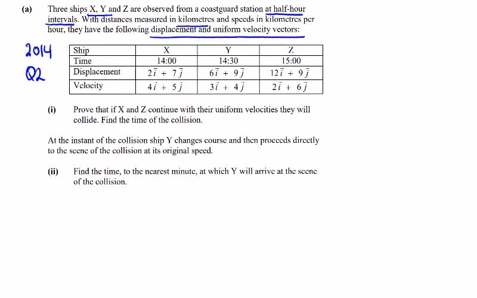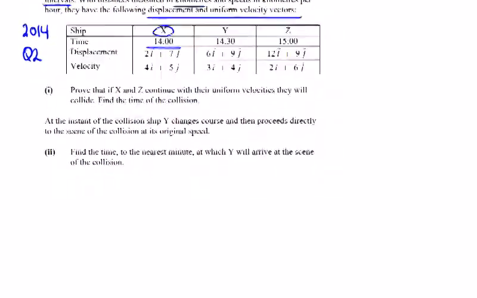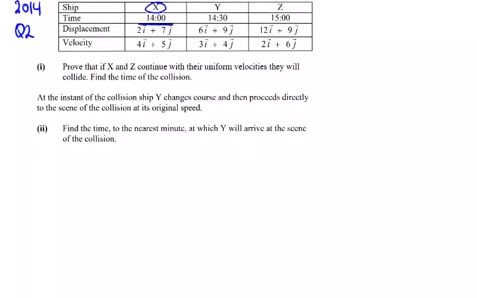So we have a lighthouse or a Coast Guard station. At 2 o'clock it observes X to have a position relative to the Coast Guard. If we imagine the Coast Guard is the origin, at 2 o'clock X is approximately here, and that's 2i plus 7j.